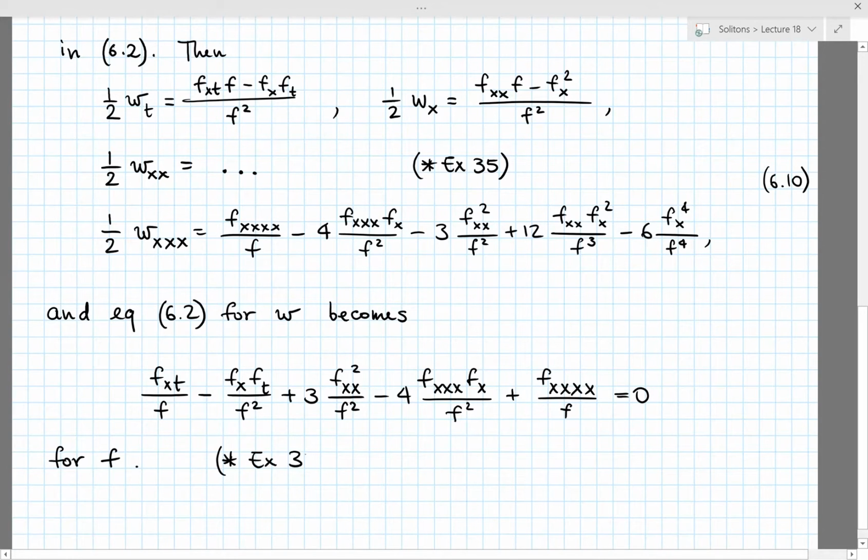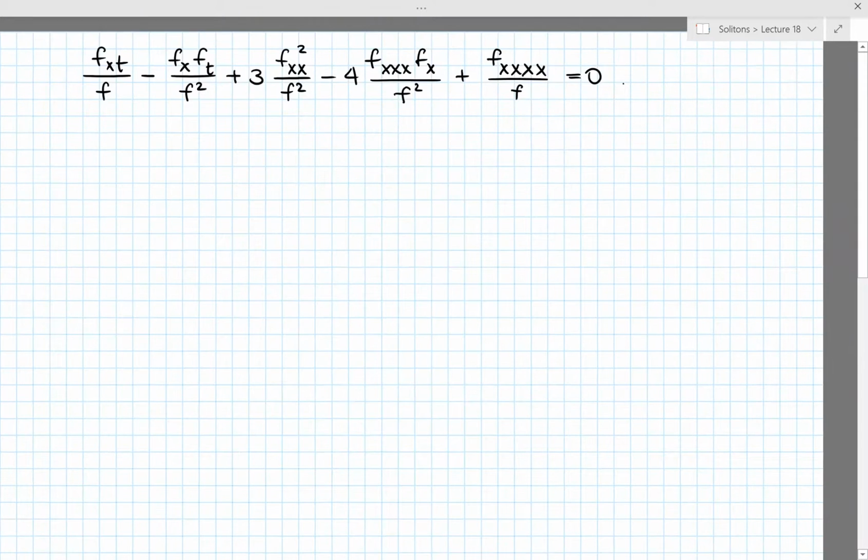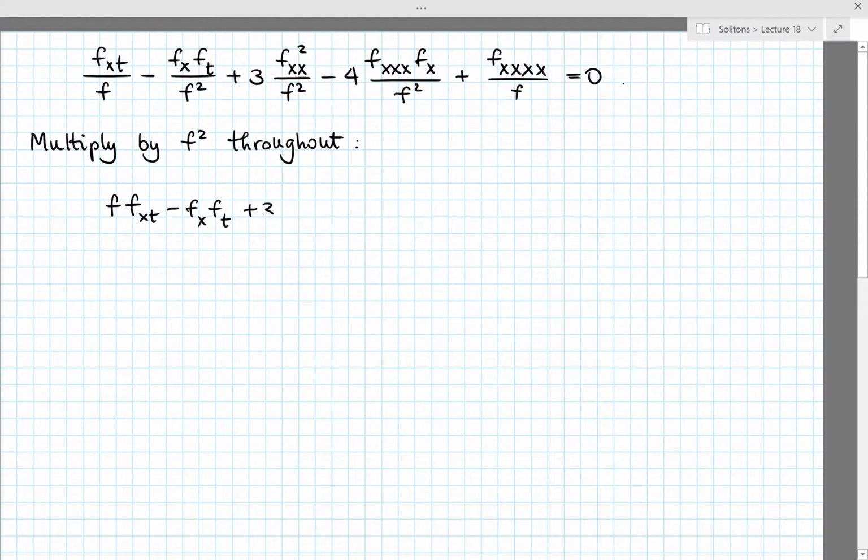And in exercise 35, you will have to work out the details of this calculation and confirm this final equation for f. If we multiply by f squared throughout, we get the following equation: fxt minus fx ft plus 3 fxx squared minus 4 fx fxxx plus f times fxxxx equal to 0.